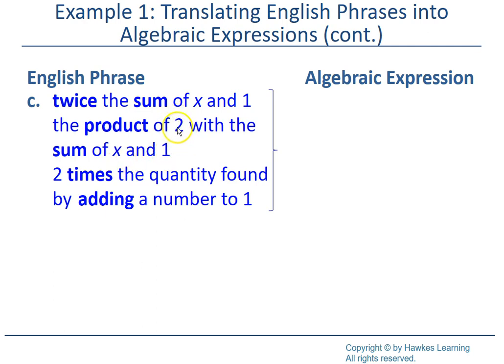So there's our 2 times the sum of x and 1. So 2 times the quantity found by adding a number to 1. And we're going to let that number, in this case, be x. So what would that look like?